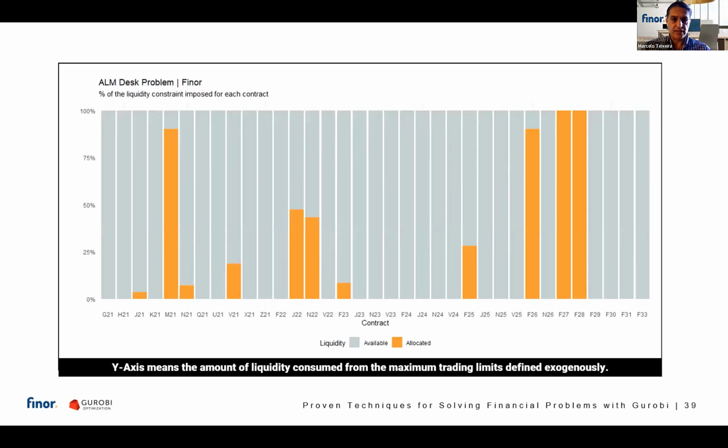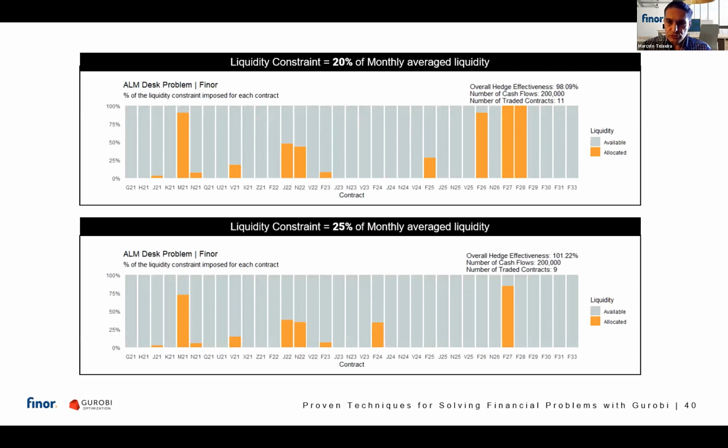And in the next slide, you're seeing how Gurobi actually chose the contracts for us, and also how they met the liquidity threshold. And if you were to play around with the liquidity threshold, depending on the size that you need to trade, you can find different solutions, and all of them stay within 2% of the variation of the hedge.